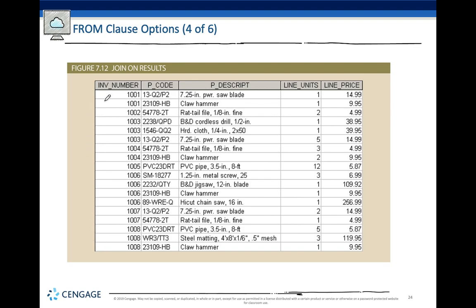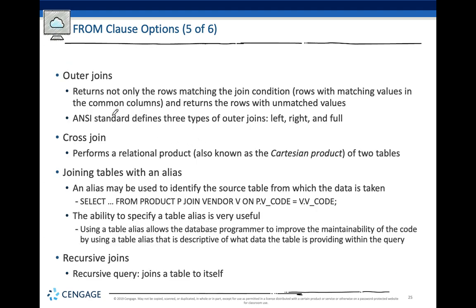Here we see all the invoices, the products, and the invoice lines, right? Next, we look at outer joins, cross joins, and recursive joins. Recursive join is a query that joins a table with itself. And we've looked at a recursive relationship before. That's the employee table, and one employee can manage.